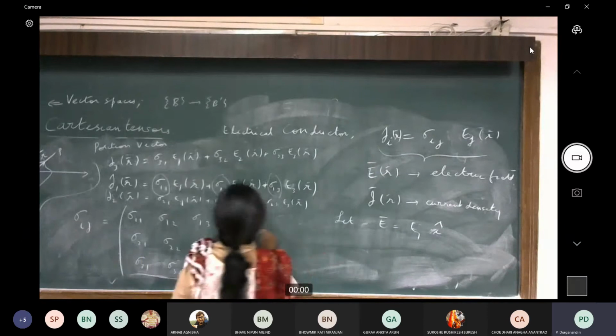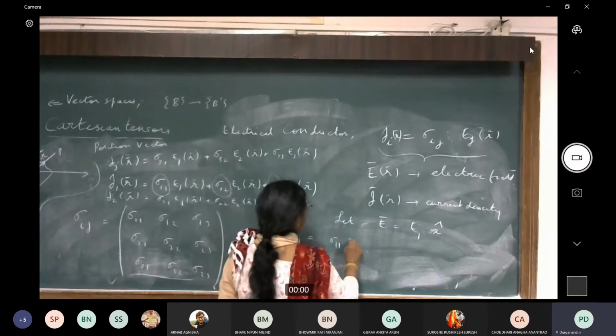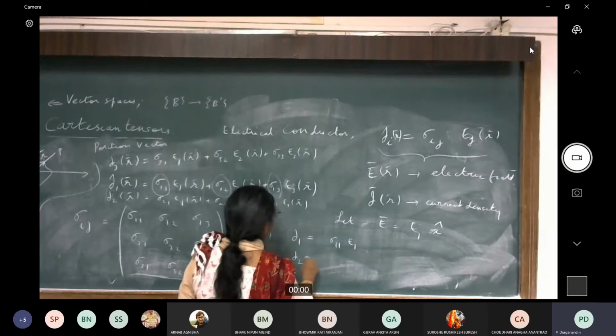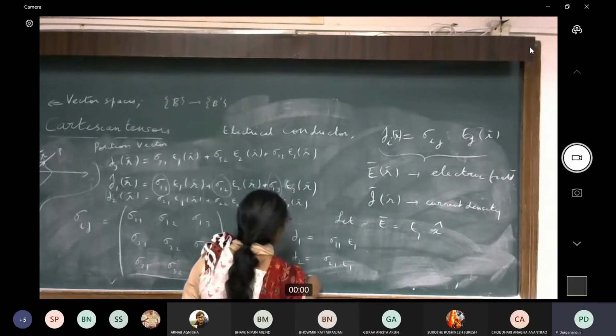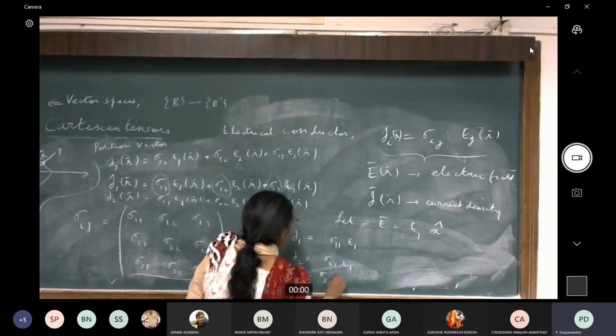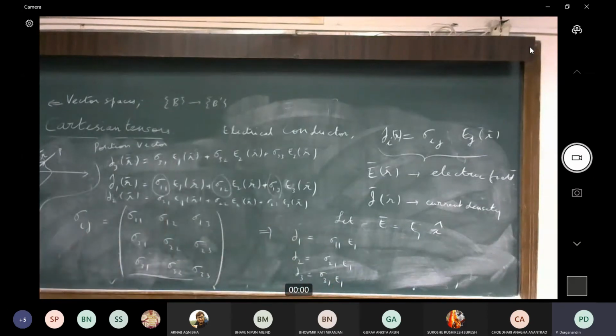Then this means that J1 should be equal to sigma 11 E1, J2 will be equal to sigma 21 E1, and J3 should be equal to sigma 31 E1. That's what this tells me.